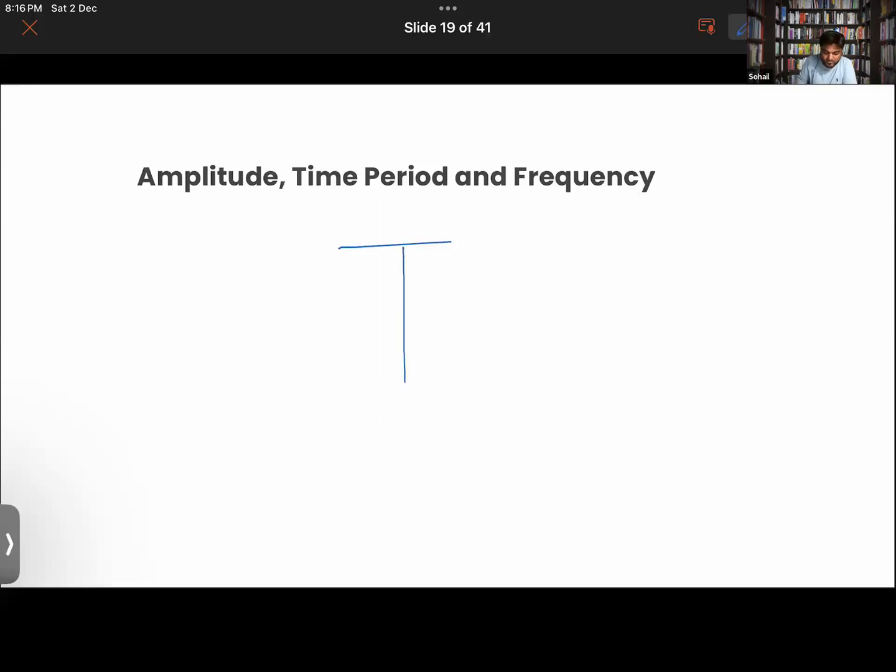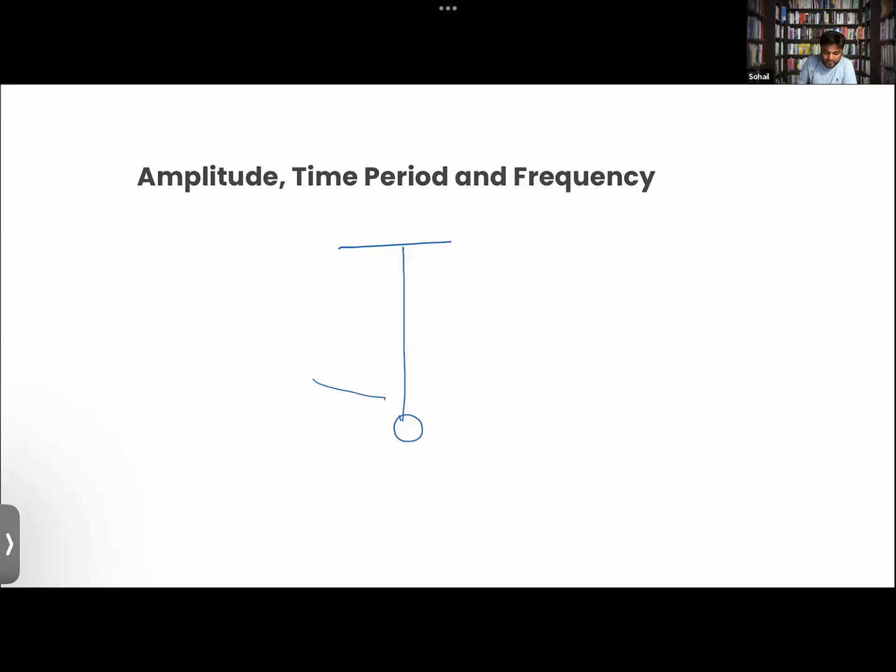A simple pendulum does a back and forth movement, which is called vibration or oscillation, from one extreme position to the other.